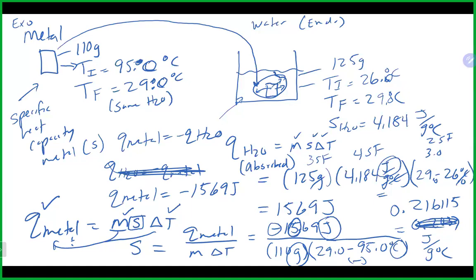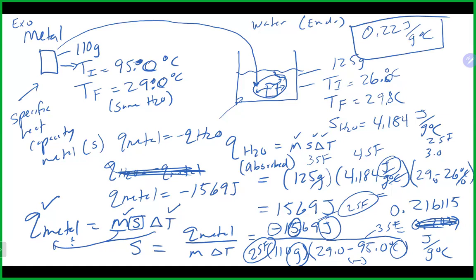That means I'm taking 2 significant figures divided by 2 significant figures. And here we have 3 significant figures. So really, we should end up at 2 significant figures, and we'll end up at 0.22 joules per gram per degree Celsius.